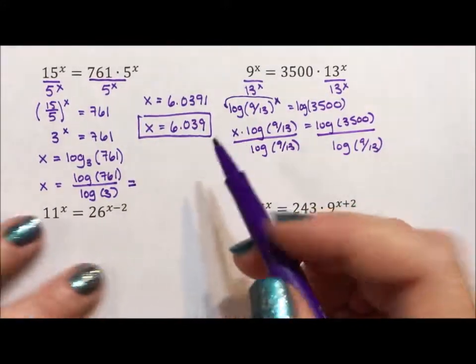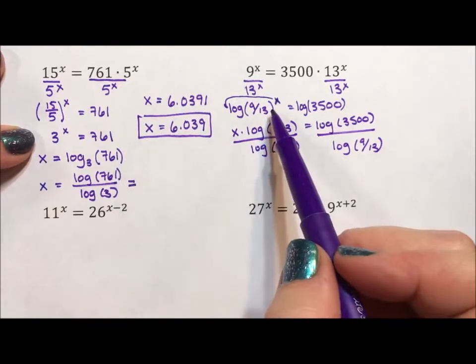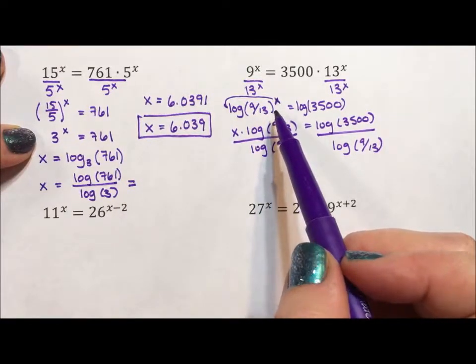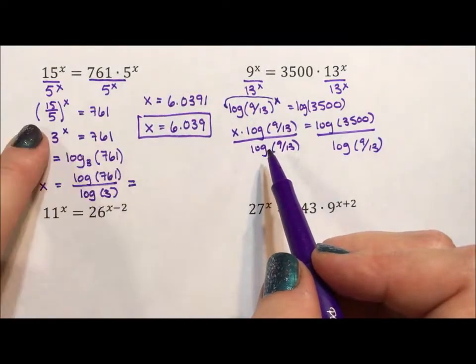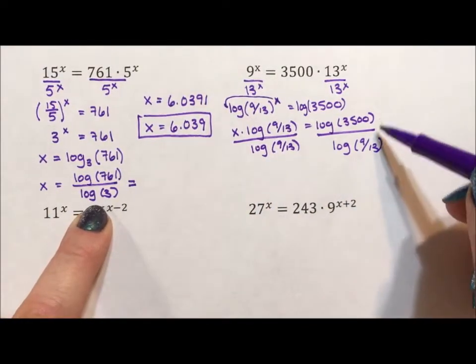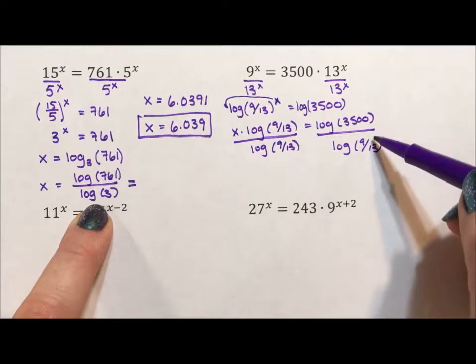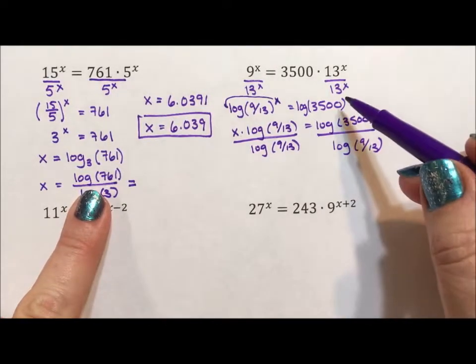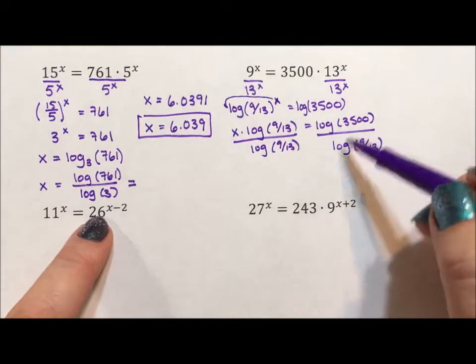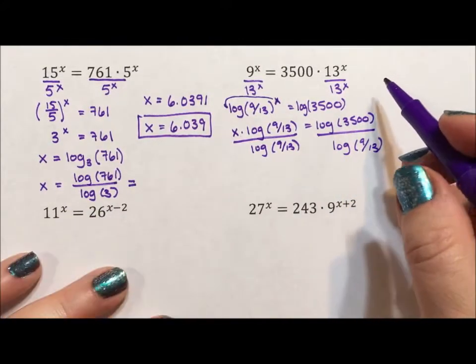I want you to notice that if I had written this one logarithmically, I would have ended up with a log on both sides, and I would have divided by log of 3. I'm really doing the same exact motions regardless of whether I write it logarithmically or take the log of both sides. The calculations that you put into your calculator will be the same either way.